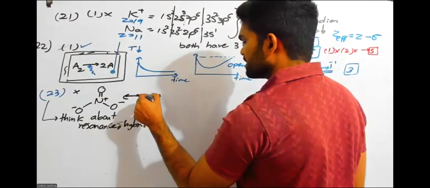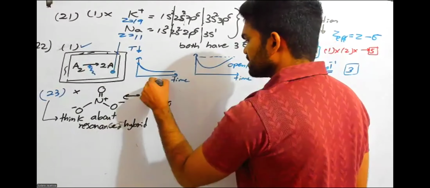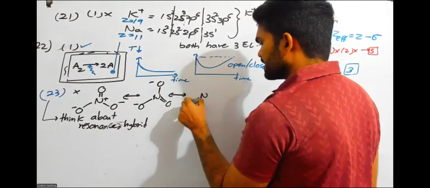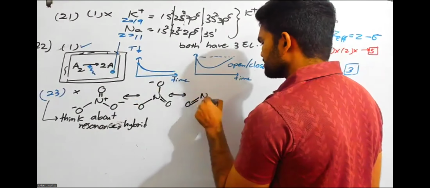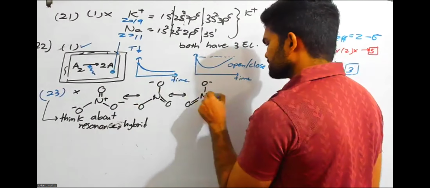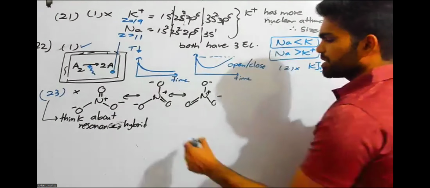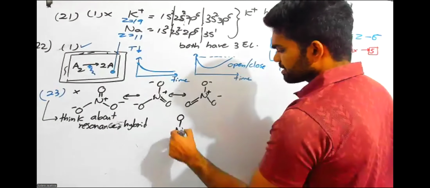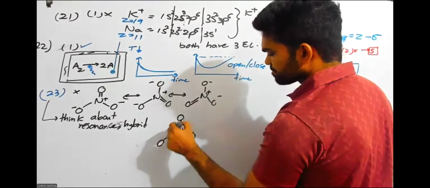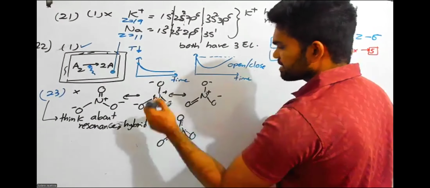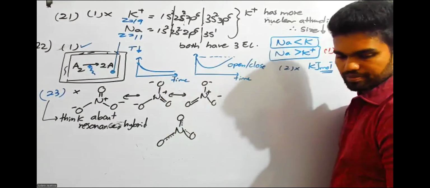The resonance hybrid will be a combination of all its possible resonance structures. For the nitrate ion, there will be 3 resonance structures, so the hybrid is a combination of these 3. In that case, you can see partial double bonds are there.